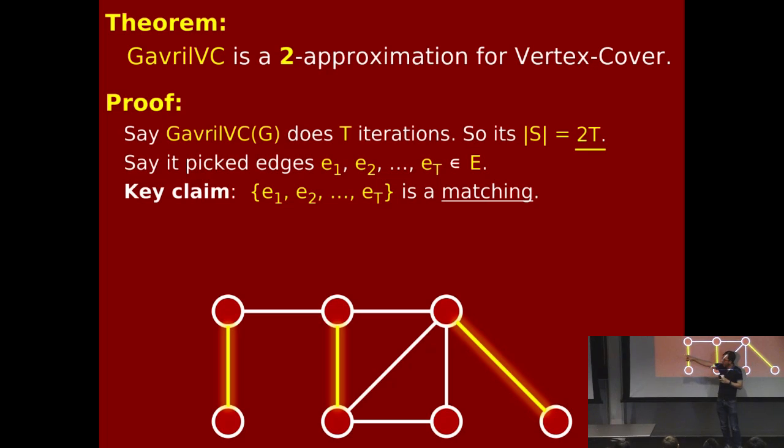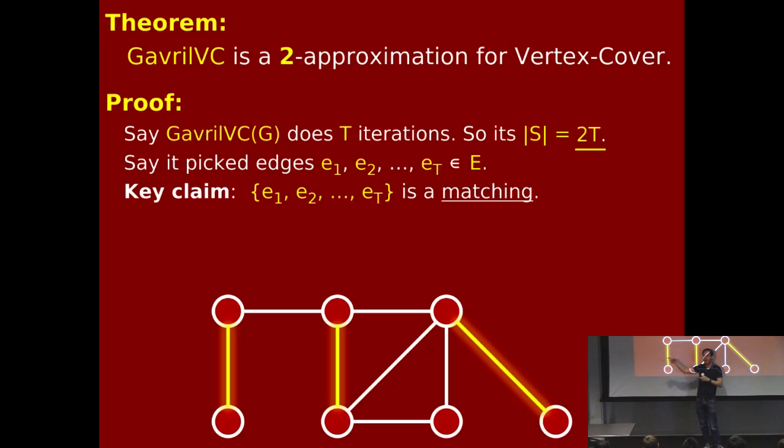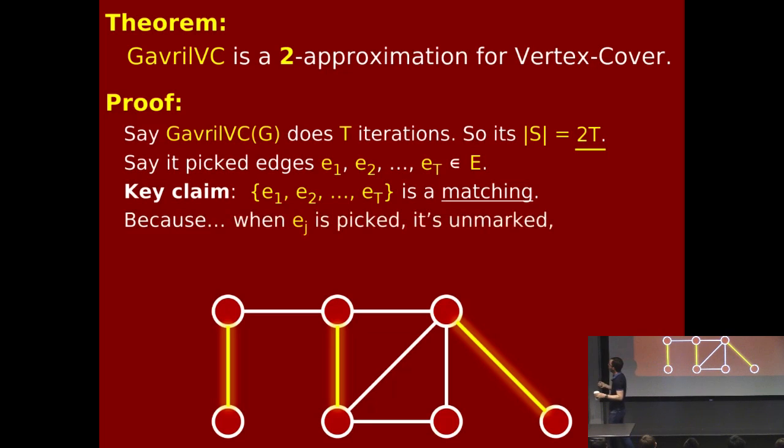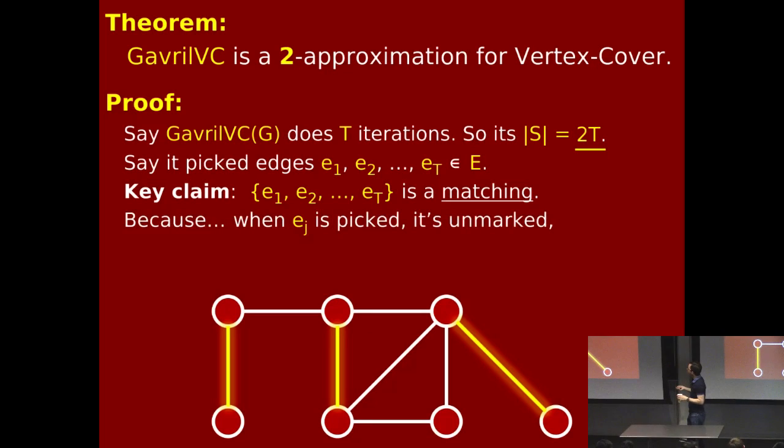Well, that kind of actually enters into this claim, which is that it only adds vertices, like it never tries to add the same vertex twice. Because in particular, once it adds a vertex, it marks all the edges as covered that it touches. And so then it'll never choose that subsequently. So this is actually kind of proving this statement. Like when you choose an edge, Ej, you only choose it because it's unmarked, which means that you hadn't already chosen its endpoints.